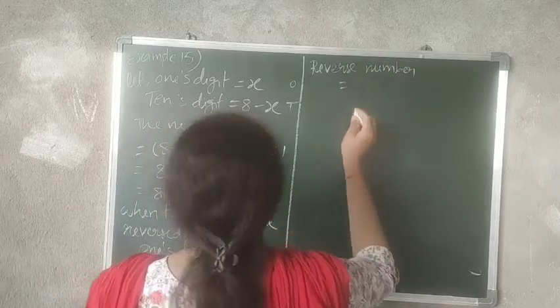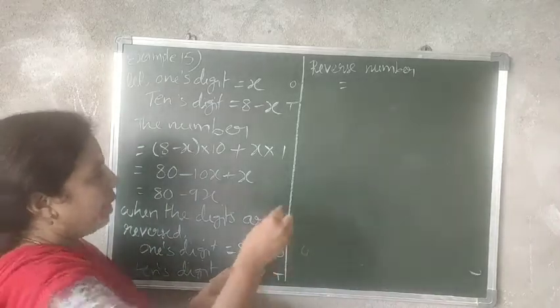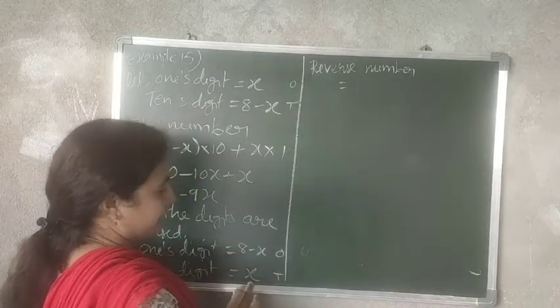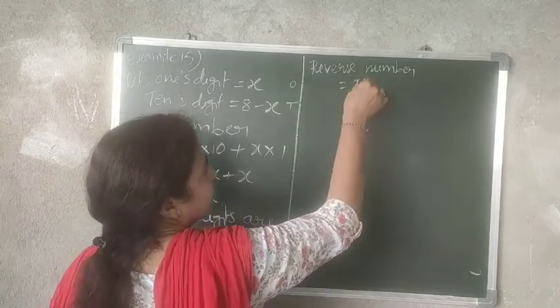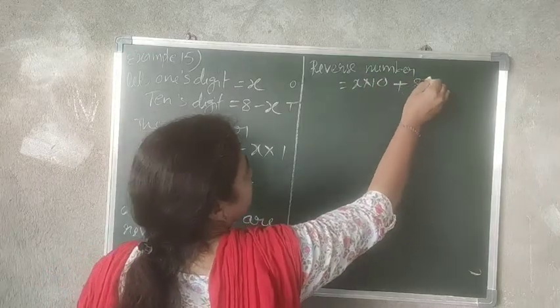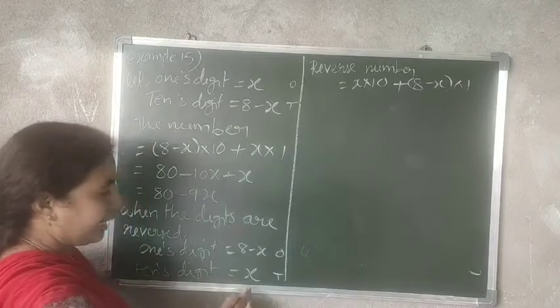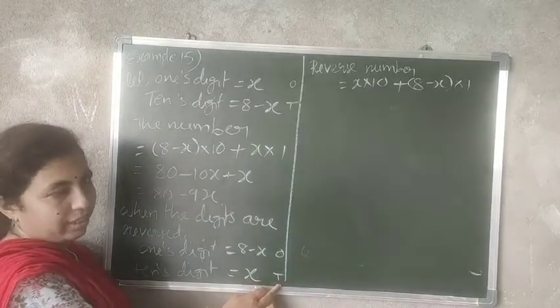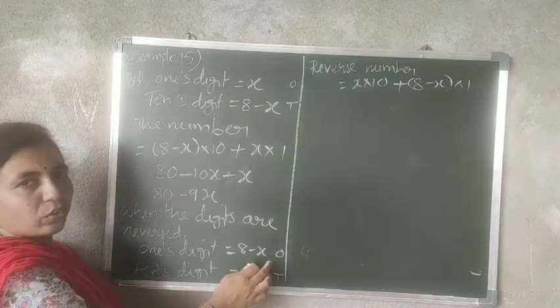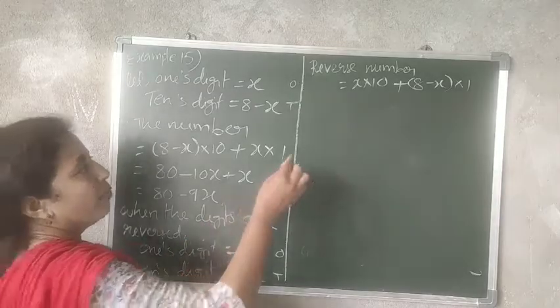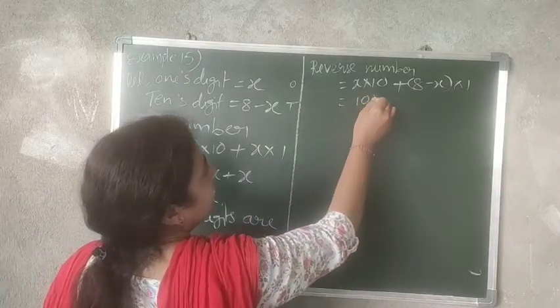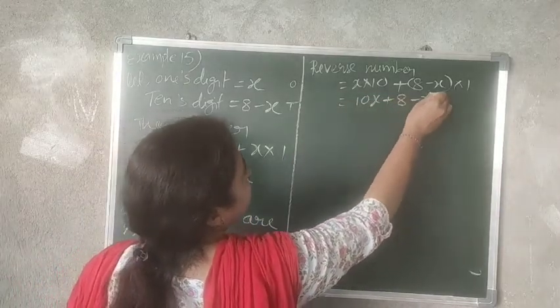Reverse number is equal to, see, x into 10 plus 8 minus x into 1. See, x is in tens place, so x into 10. 8 minus x is in ones place, so 8 minus x into 1. Now multiply it: 10x plus 8 minus x.